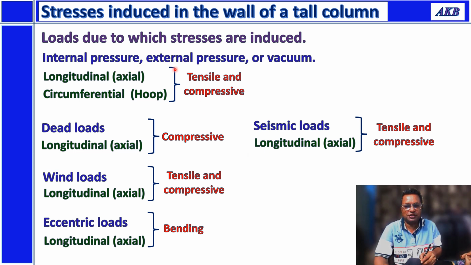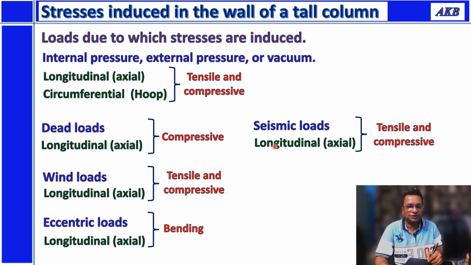So internal pressure, external pressure, or vacuum are going to induce both longitudinal and circumferential stresses. These are tensile and compressive stresses. Dead loads are going to induce longitudinal or axial stresses. They are compressive in nature. Wind loads are going to induce longitudinal or axial stresses. They are tensile and compressive in nature. Eccentric loads are going to induce longitudinal or axial stresses, and their nature will be bending stresses.